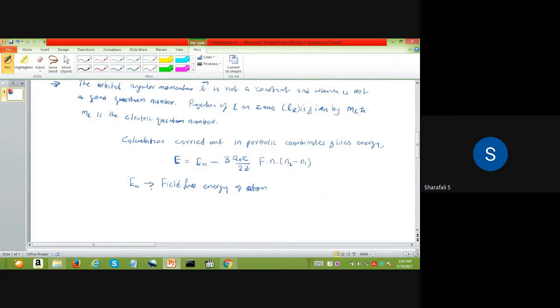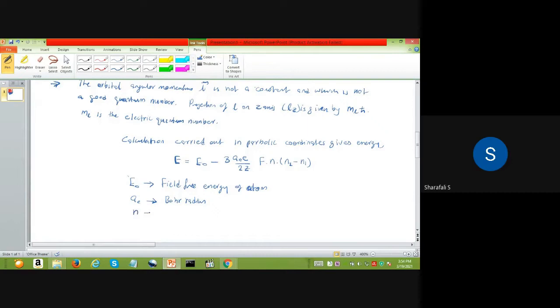E0 is nothing but the field free energy of the atom, which means the energy of that atom when we do not have any external electric field. That is E0. a0 is the Bohr radius.